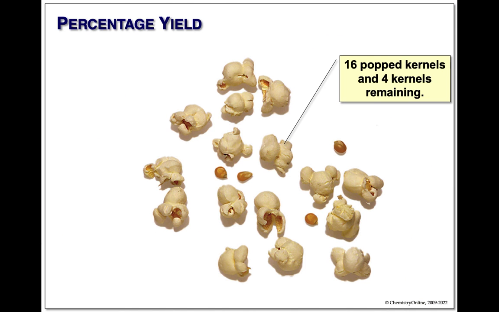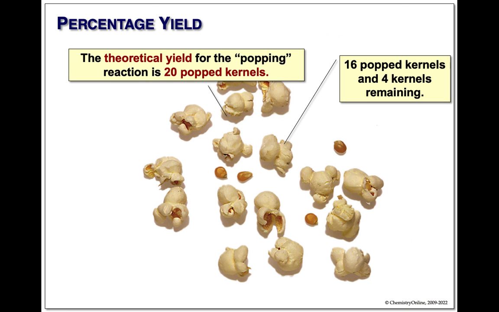If you count, we have 16 popped kernels and 4 duds. Our theoretical yield was 20, right? Our actual yield was 16. The percent yield is going to be 16 divided by 20 times 100.